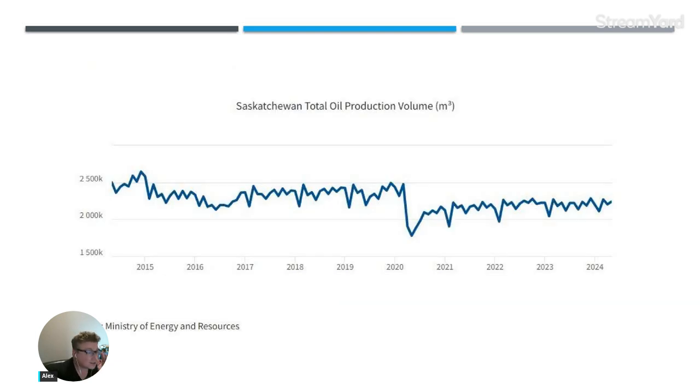Now, not all assets, not all regions increase production. What you can see here is Saskatchewan, where total oil production is at its peak, at 2.5 million barrels, right? Sorry, I'm lying. 2.5 million cubic meters annually, which translates to about... So how would you do it?